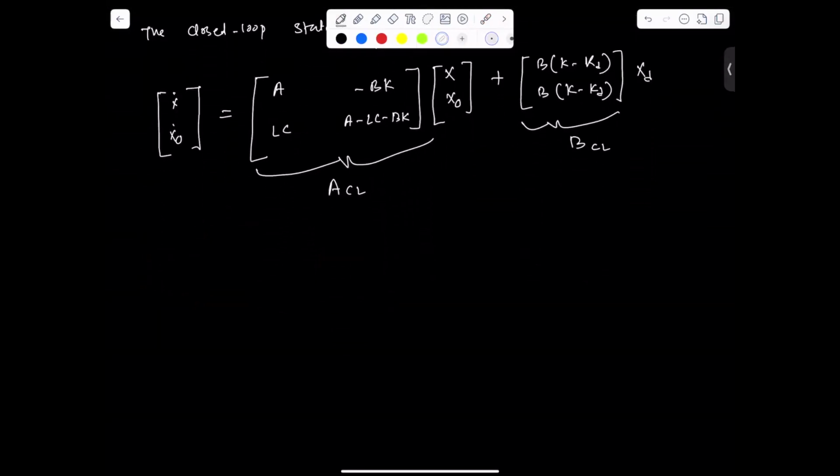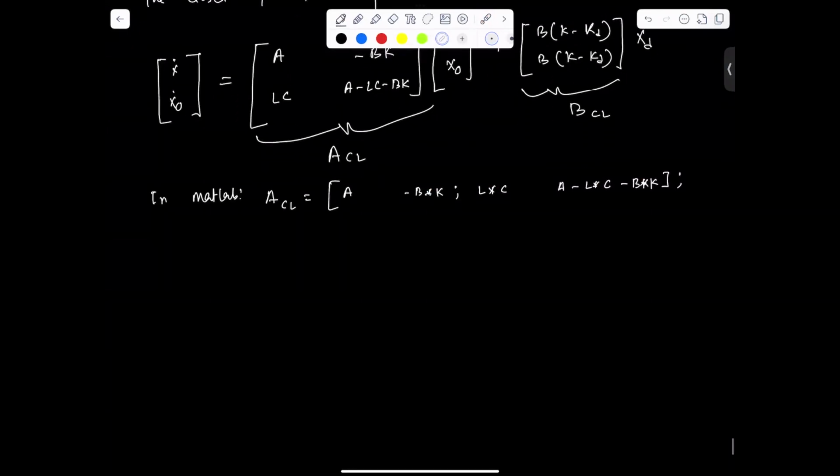So here we can find ACL. In MATLAB, we can write ACL equal to, first row, A minus B star K, and second row, LC, A minus LC minus B star K. This is basically just star multiplication in MATLAB.